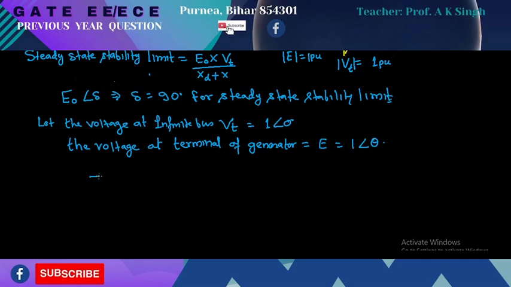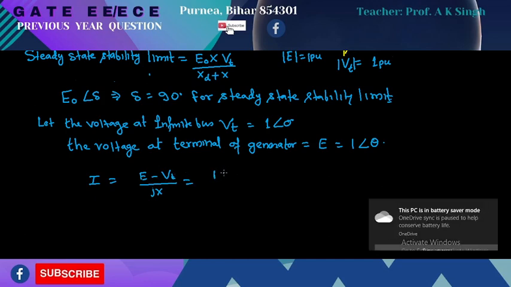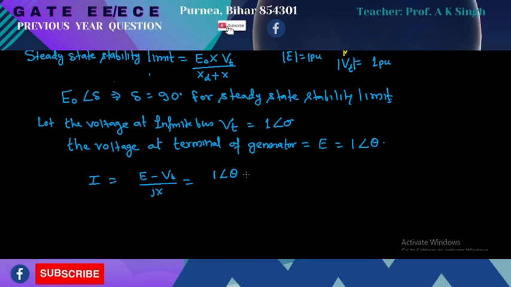The current I is equal to E minus Vt divided by jX, that is equal to the value of E, which is 1 at an angle theta, minus 1 at an angle 0, divided by j0.6.